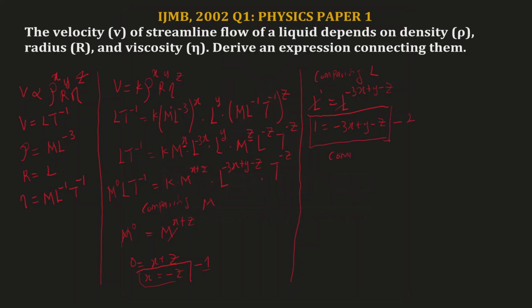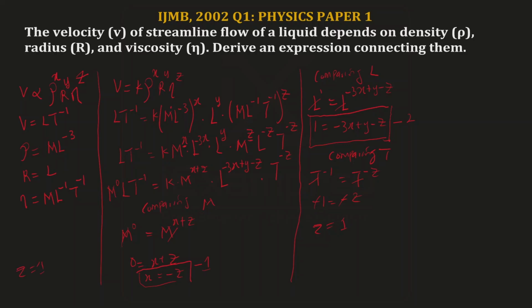Now, the next thing is to compare the last one, which is T. Comparing T on both sides, on the left-hand side we have T to the power of negative 1, and on the right-hand side we have T to the power of negative z. So T cancels T, negative 1 equals negative z. Negative cancels negative, so z is equal to 1.